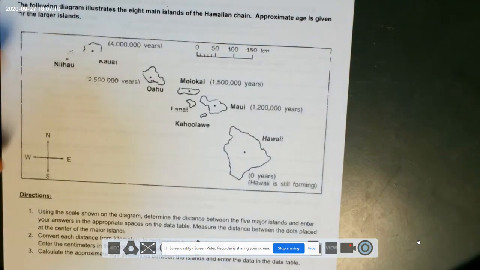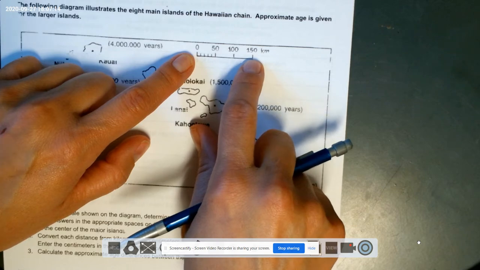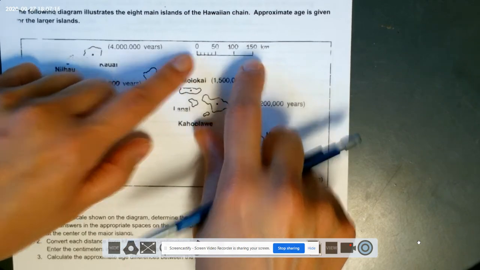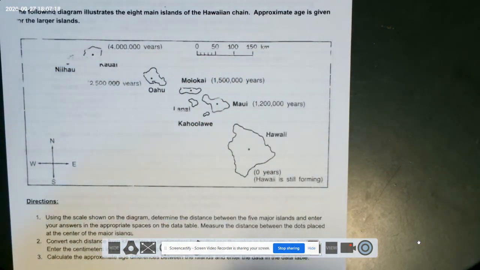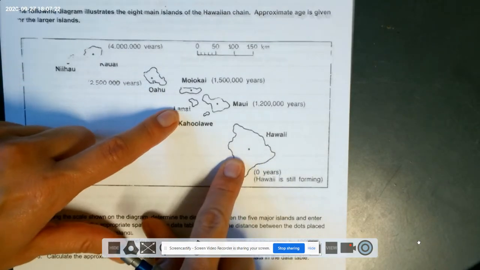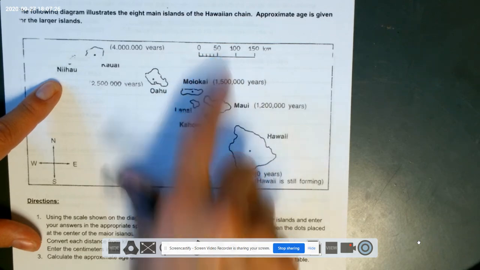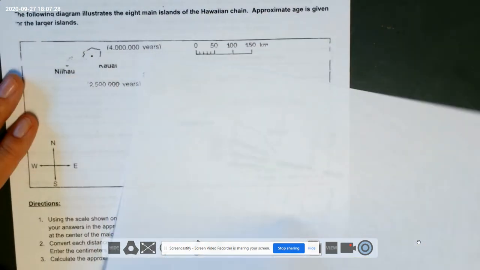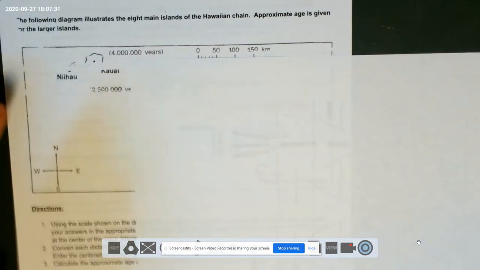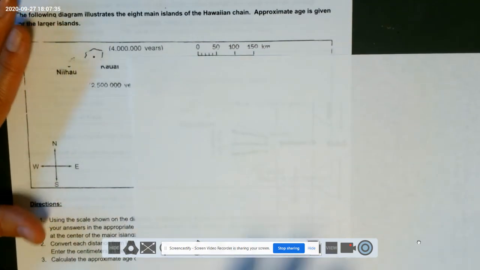You can also use a ruler. Some people will use a ruler, and they might note that each one of these is an actual centimeter. Okay, and they might measure it with that. But do note that in your Chromebook, if you've made your diagram over 100%, then these aren't going to be a centimeter anymore. So whatever you do, I would just use the paper in this case if you're not going to actually print a copy.